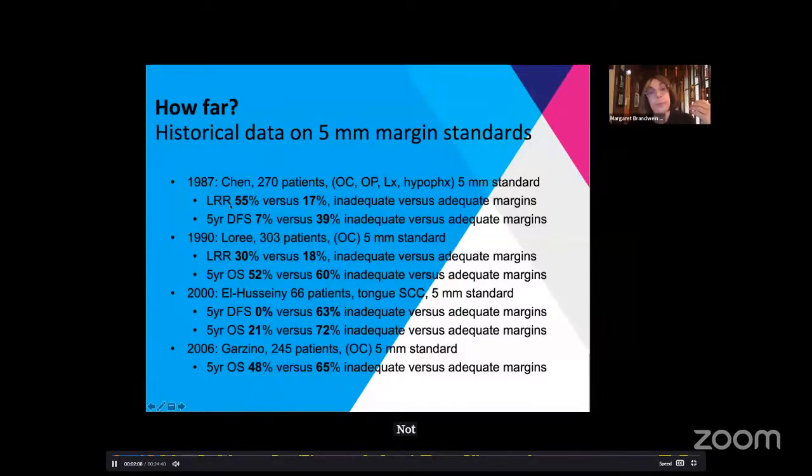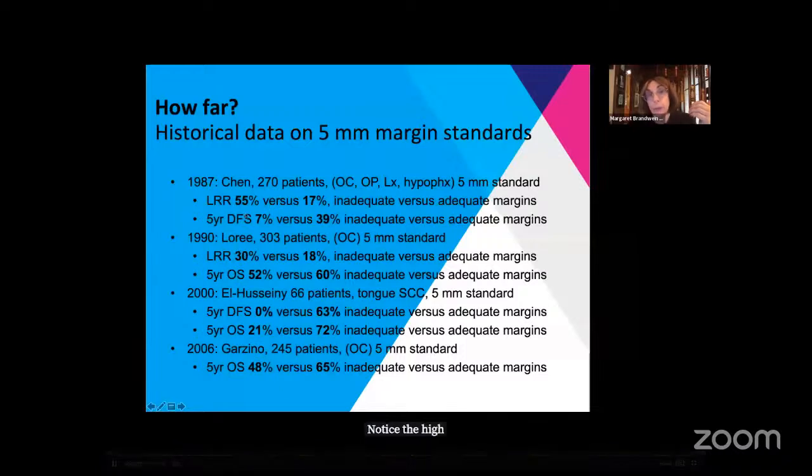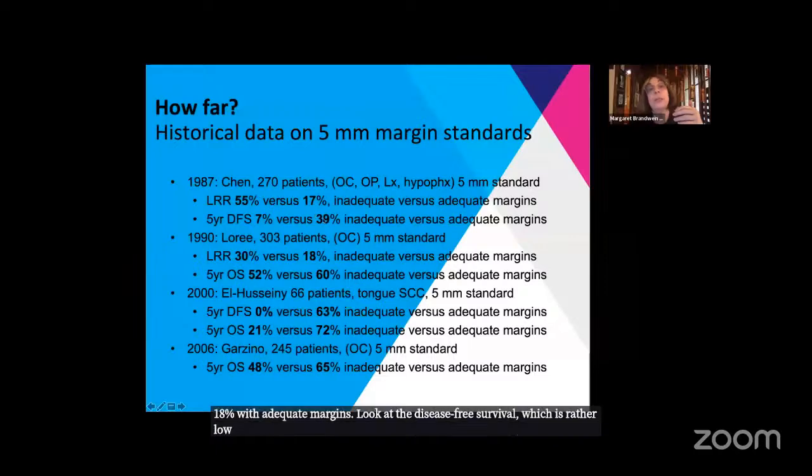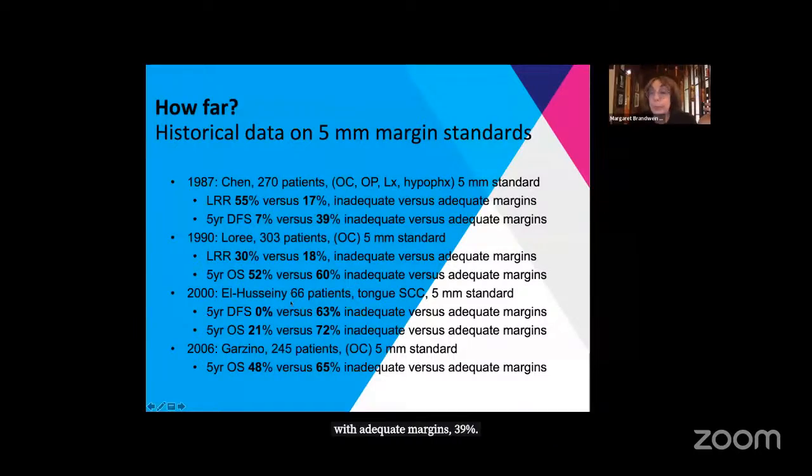Notice the high local regional recurrence rate, the 55%, 30%, and it improves to 17%, 18% with adequate margins. Look at the disease-free survival, which is rather low, 7%, and improves with adequate margins, 39%, and so on.